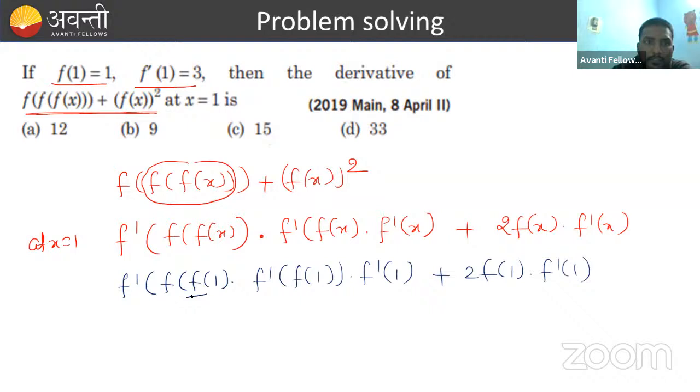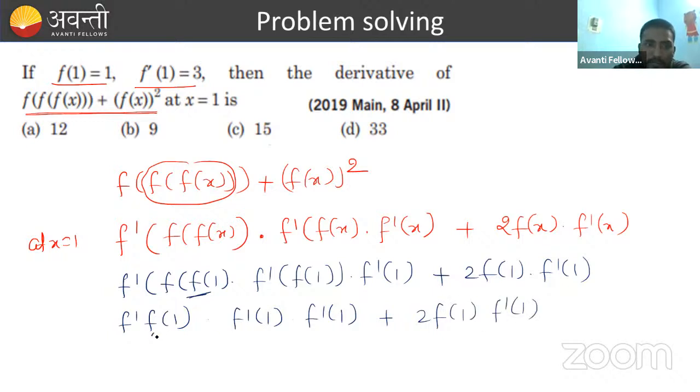So what is f of 1? It is 1. So again it will be replaced with f of 1, f dash again it is 1, and this is f dash 1. And this is 2 f of 1 and f dash 1. And f of 1 is again 1. So this is f dash 1 into f dash 1 into f dash 1.